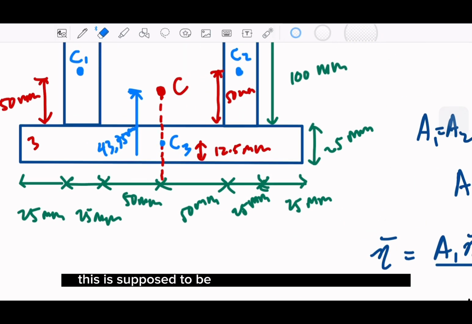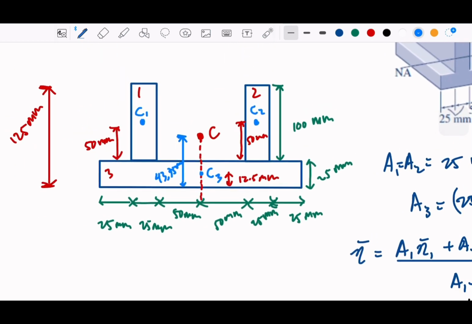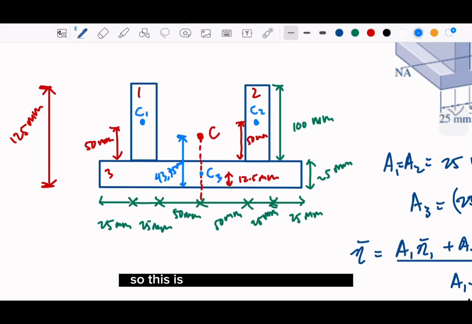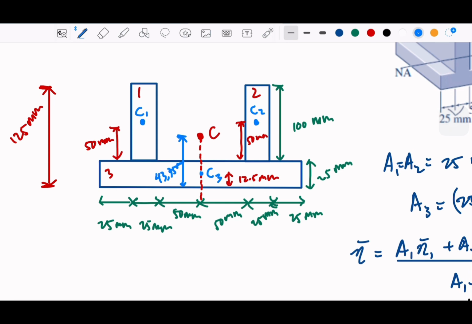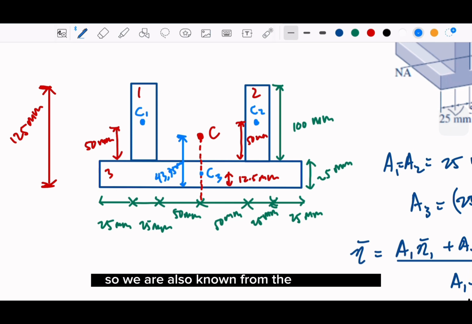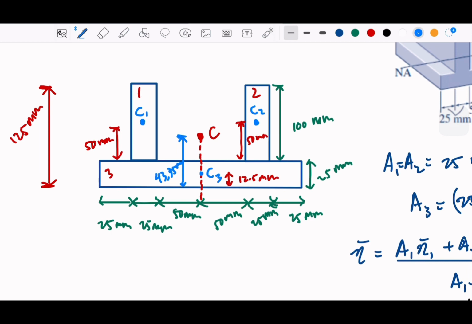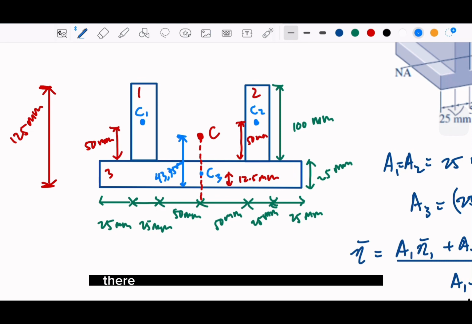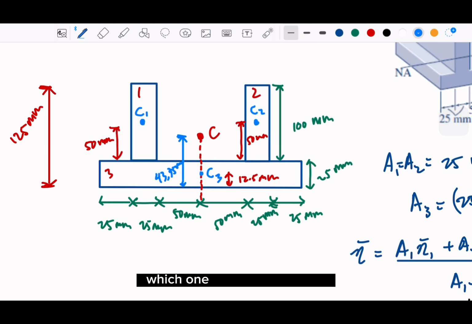It is not supposed to go until here. So this is from C to the bottom part. We also need to know from C to the top, because between these two sections there will be differences in the modes. Which one is the compression? Which one is the tension? So we can take 125 minus 43.75, and we get the other distance.